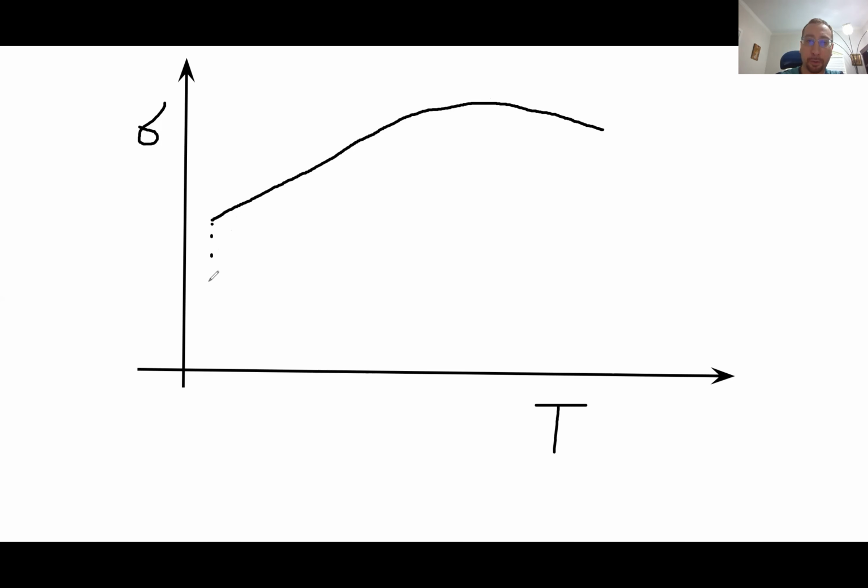So here we are talking about 100 degrees C, and we have another point here where the best case scenario happens, let's say 170 C, and after that the strength basically drops if you further heat it up.